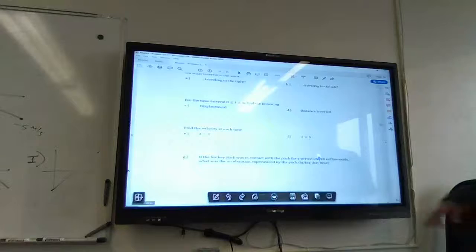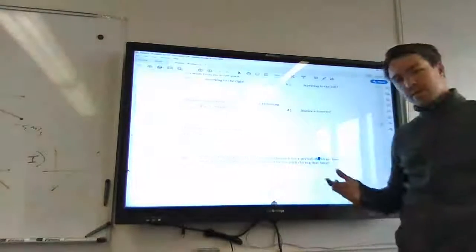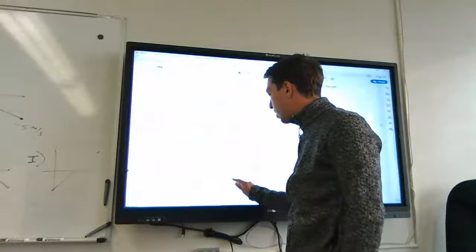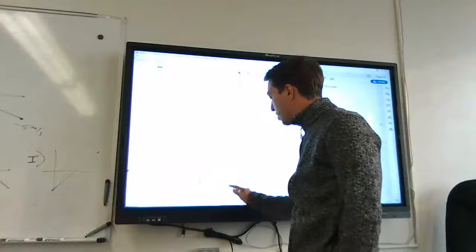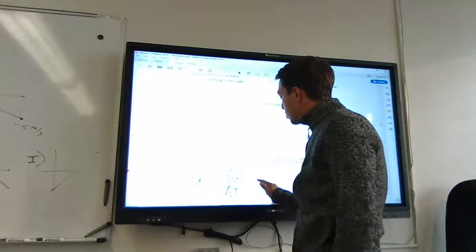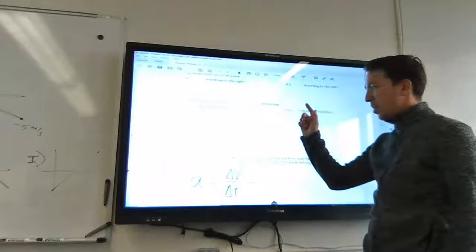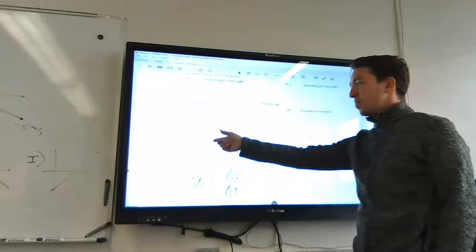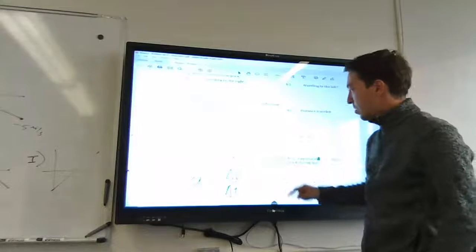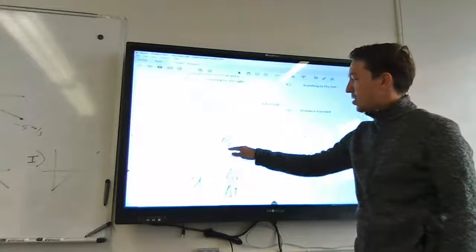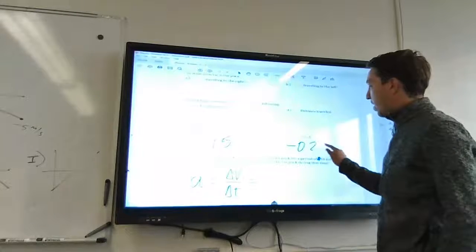So what do you do? What are we solving for? Acceleration. Acceleration is the change in velocity over how much time that change took. So let's get our change in velocity. Do you see my 1.5 is my initial velocity and my negative 0.25 is my final?